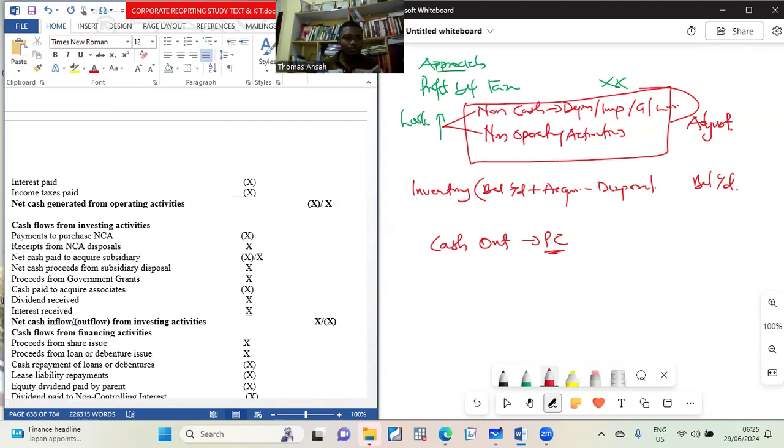The cash proceeds from subsidiary disposal work the same way. You are disposing of a subsidiary, and you will get cash flow, but the subsidiary you are disposing also has cash in it. So the net of it can be an inflow or an outflow.